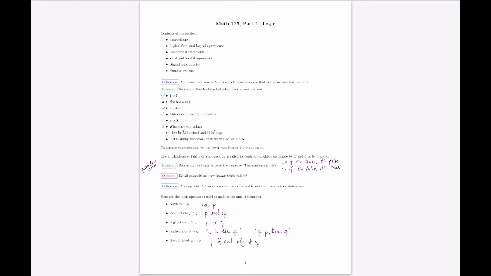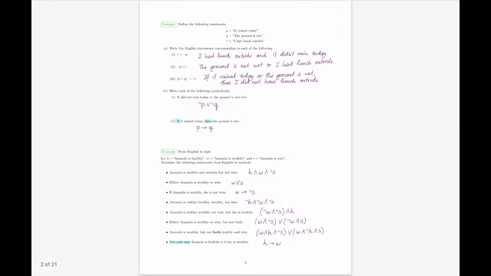Let's recap a little bit what we have talked about so far. We defined a statement or proposition as a declarative sentence that is true or false, but not both. We then talked about compound statements and the operations that we can use to put together two simple statements in a more complex and complicated format. We then practiced going from the logical statements to their English equivalents and the other way around.